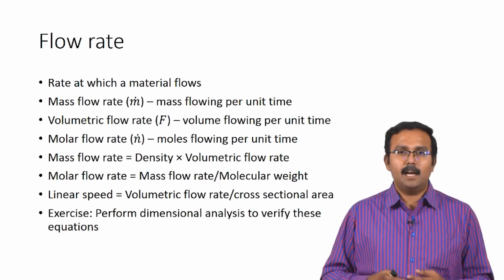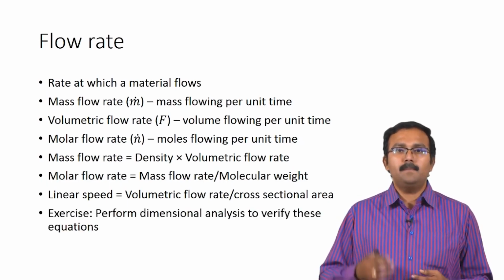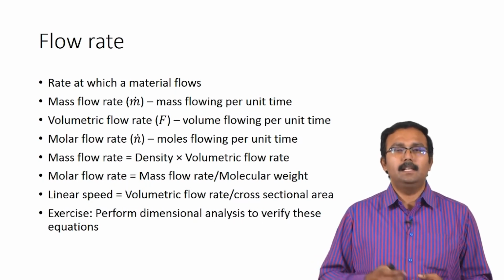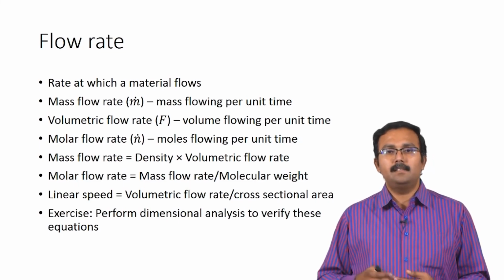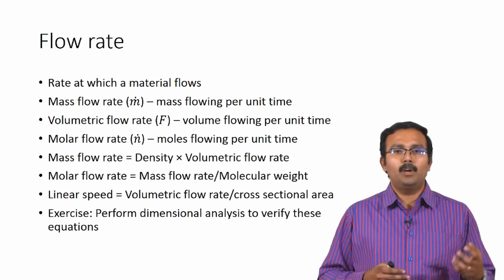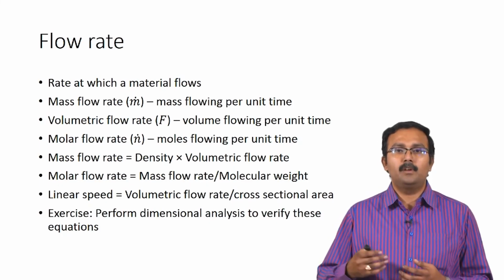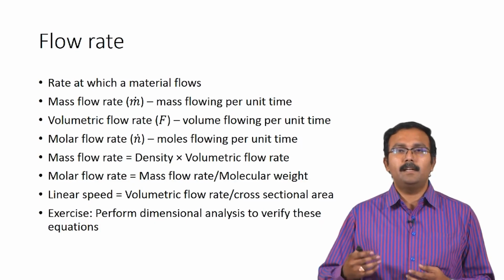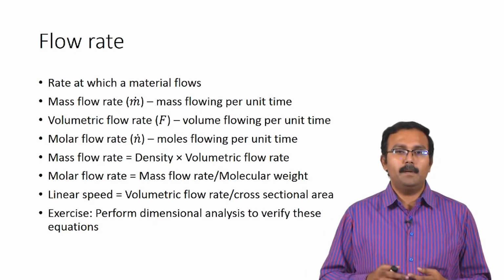As an exercise, I would like for you to perform dimensional analysis to verify if these three equations are dimensionally correct. So, check whether mass flow rate can be written as density times volumetric flow rate, molar flow rate can be written as mass flow rate divided by molecular weight, and linear speed can be written as volumetric flow rate divided by cross sectional area.